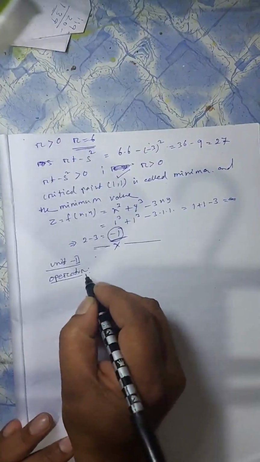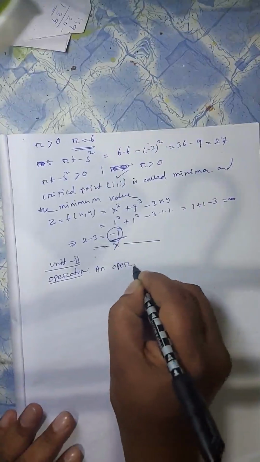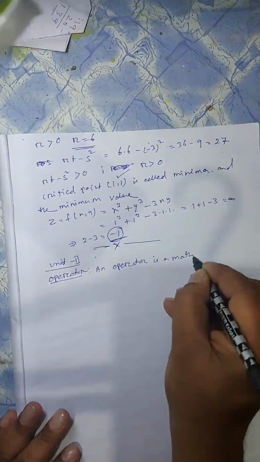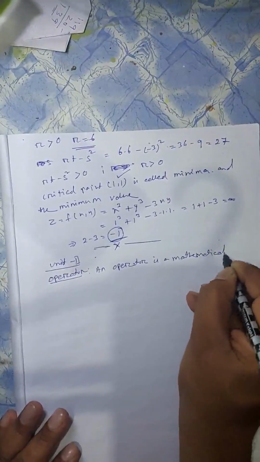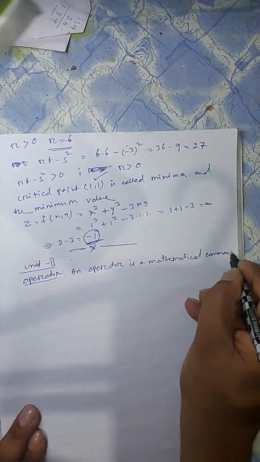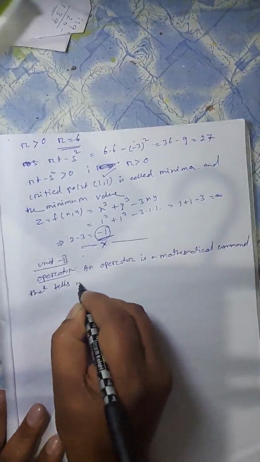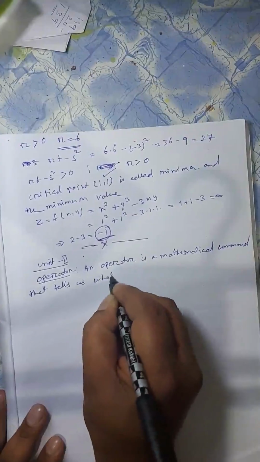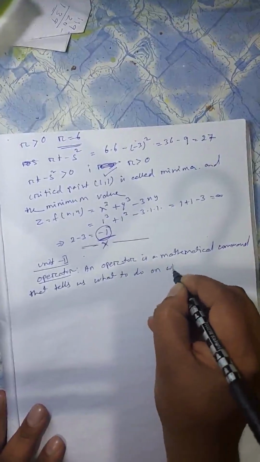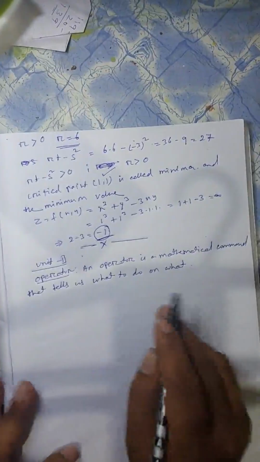An operator is a mathematical command that tells us what to do on what.